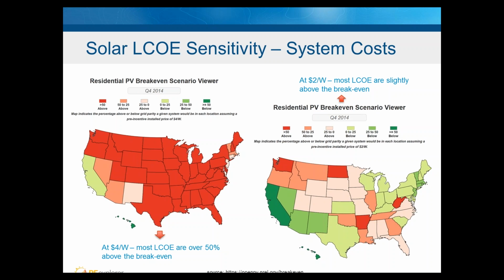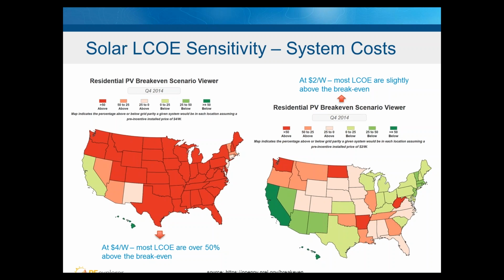You can see on this graph that most LCOE are over 50% of the break-even, meaning the cost is still pretty high. Only California, in green, because the cost of electricity in California is relatively high, at $4 is still competitive.